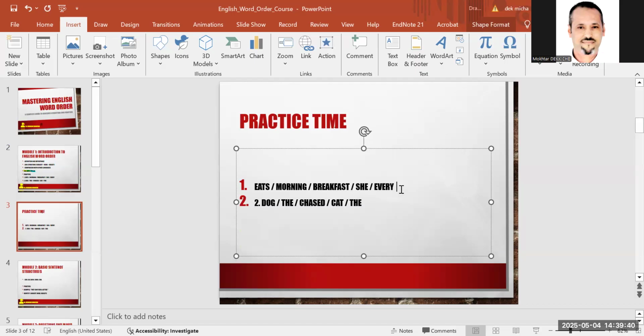In the first sentence, we said that the sentence must start with the subject. A subject can be a noun, a pronoun, or any word that refers to a noun. Here we have the word she.